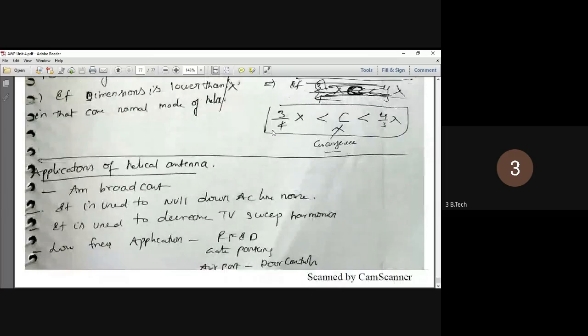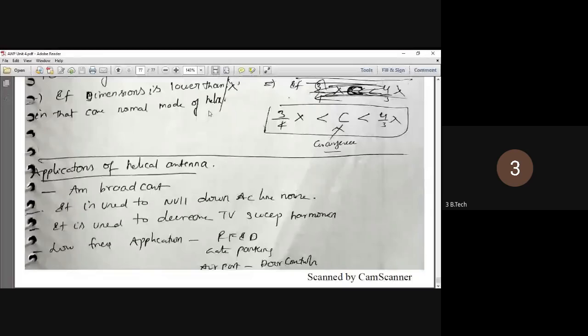So we showed these two. Applications of helical antenna: it is used in AM broadcast, to null down AC line noise, low frequency RFIDs, gate parking, airports. They are used most in these places. That is called a helical antenna.